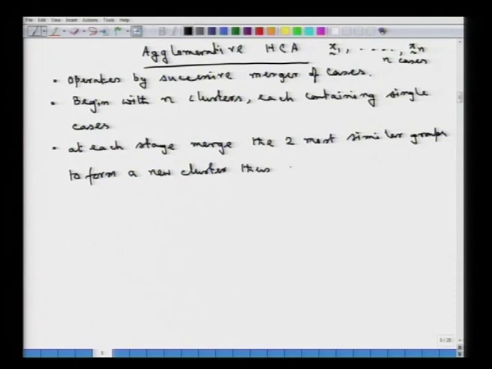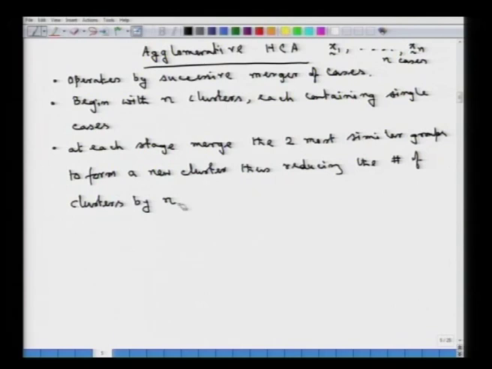The most similar nature is of course going to be defined shortly. Thus reducing the number of clusters by 1. So, from n clusters we will come down to n minus 1 clusters.